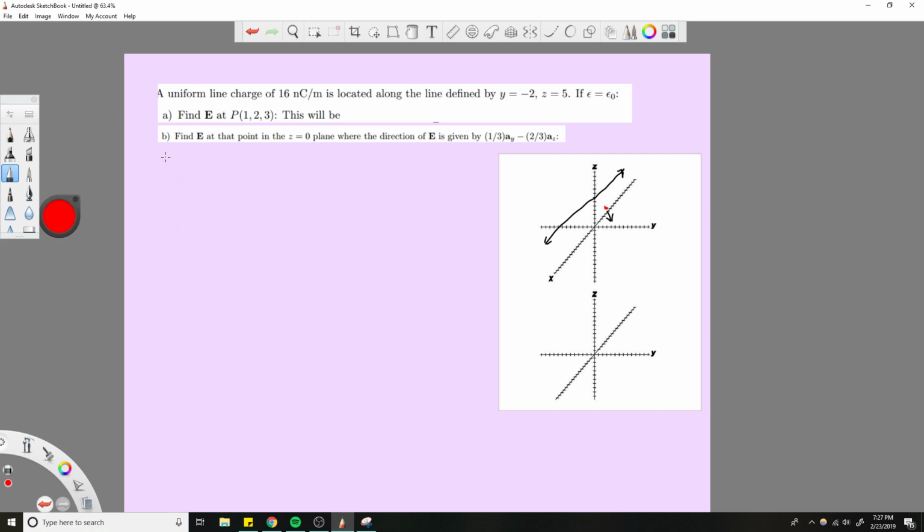So what equation will we use here? Well, I know the equation, buddy. That's why I'm doing this video. You're using the line charge equation. This is the charge density, charge per meter.